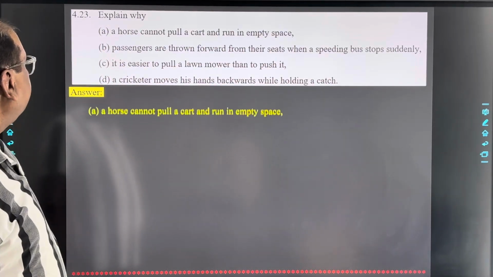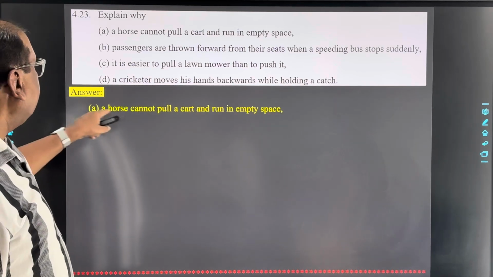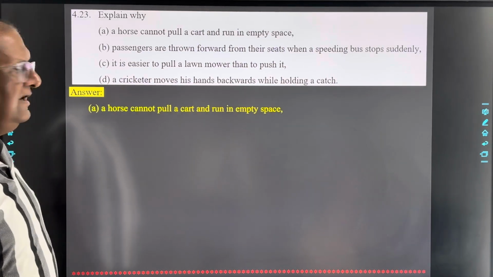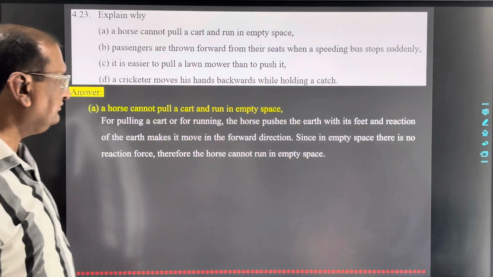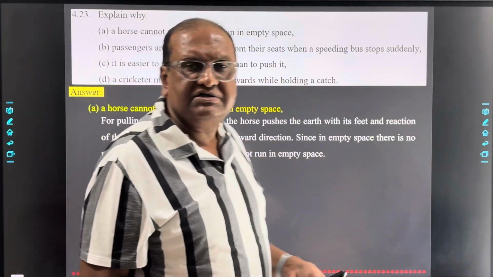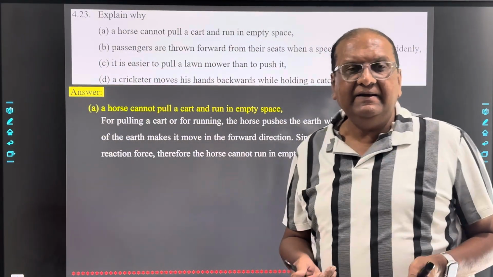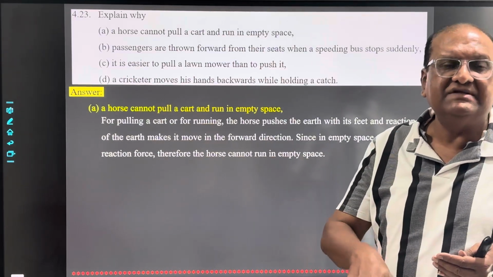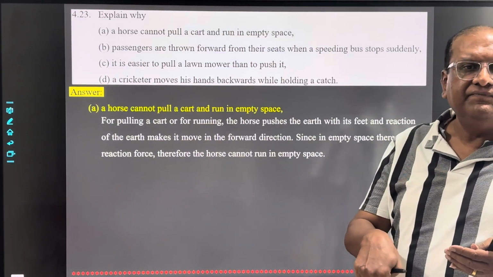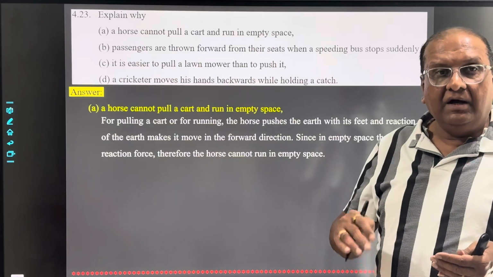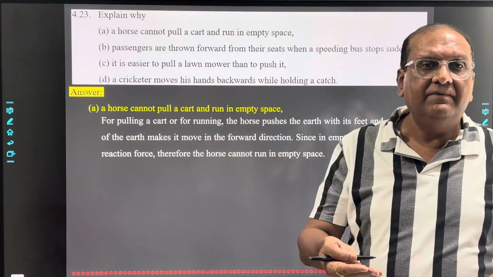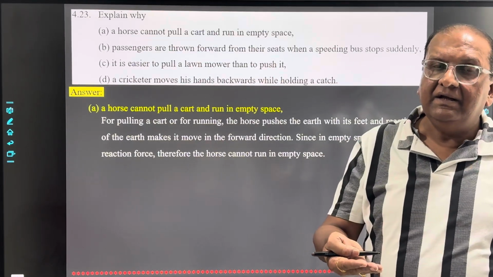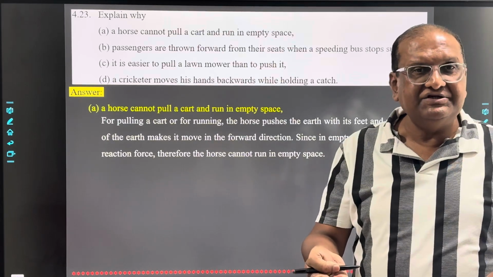Now see, first, a horse cannot pull a cart and run in empty space, because when the horse pulls the cart, at that time the leg of the horse exerts a force on the surface of the earth, right? And the earth exerts a force on the legs in the opposite direction, right?